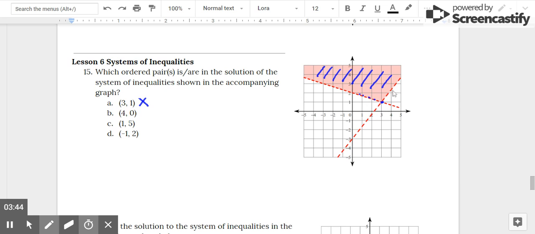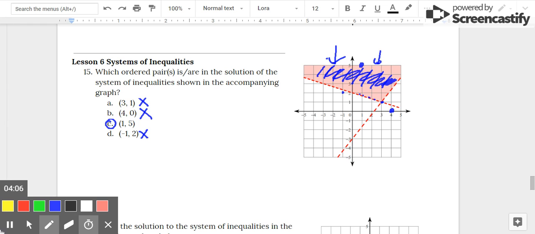It's on the line, but the line is not included. So (4, 0), it's also not included. (1, 5), there you go. It's a solution. (-1, 2)? Nope. So any point in this shaded region is going to be a solution.